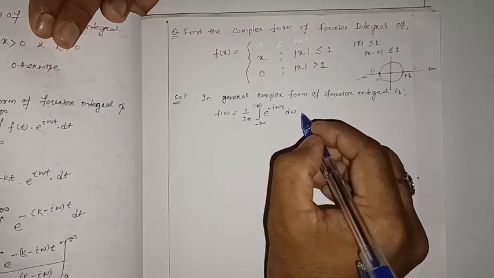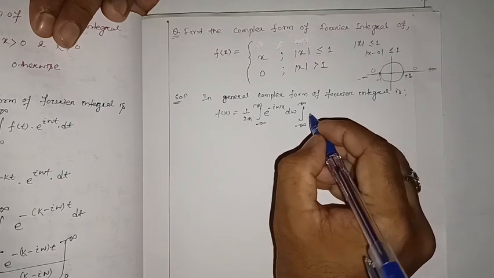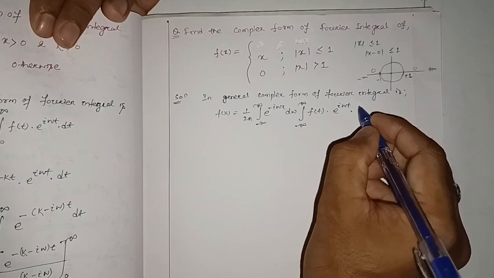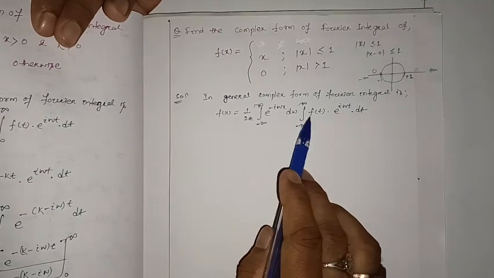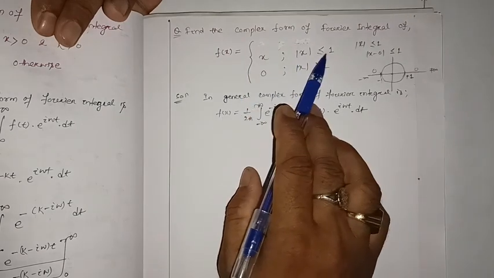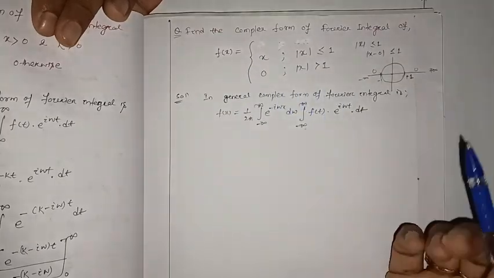This form you have to remember always, very much essential. So here the so-called f of t we have to put from this value. In this limit the value is x or t, and in this range the value is 0.